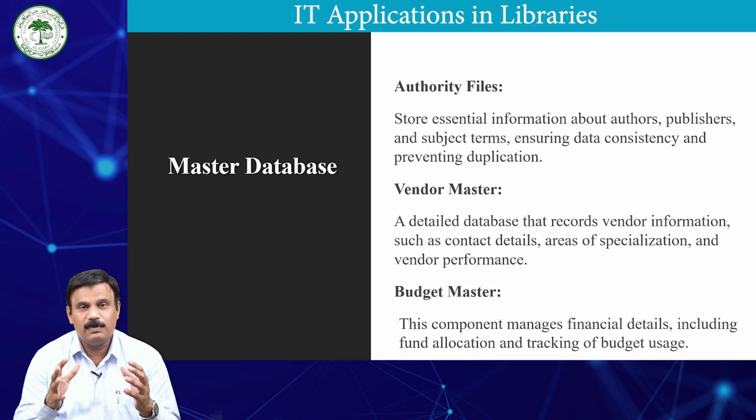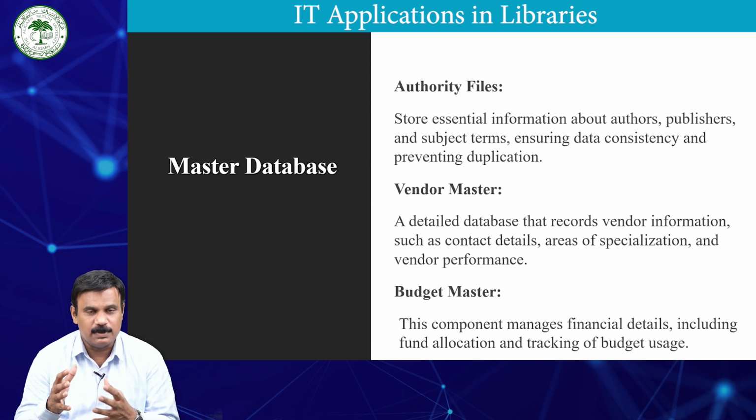Every library has to keep an authority file, so with this master database of the acquisition system, you can easily develop an authority file. It may contain information about the authors, publishers, and subject terms, so that it will give consistency in the data and avoid duplication.